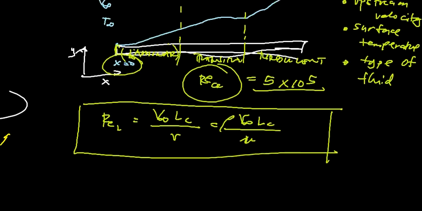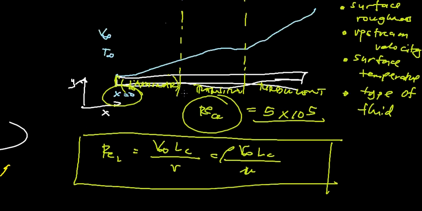Okay, so the value of this critical Reynolds number for a flat plate may actually vary from 10 raised to 5 to 3 times 10 raised to 6.